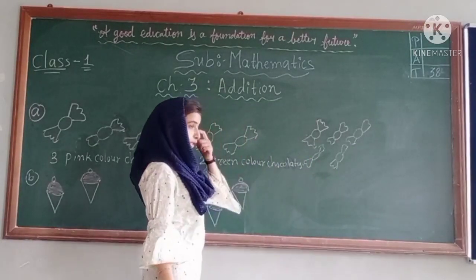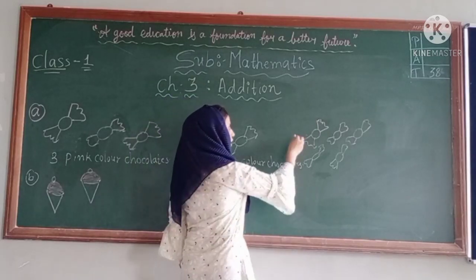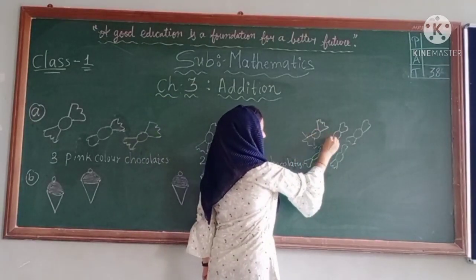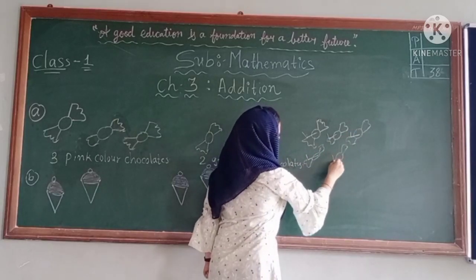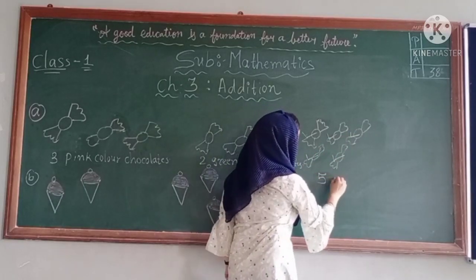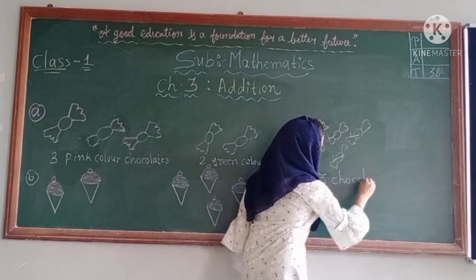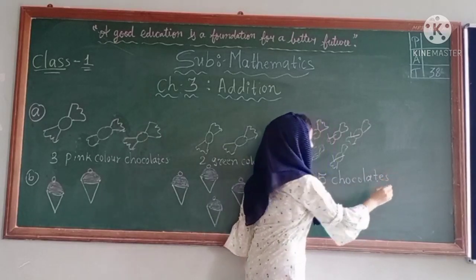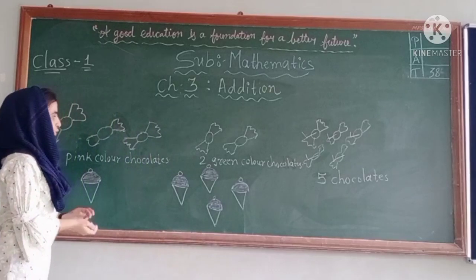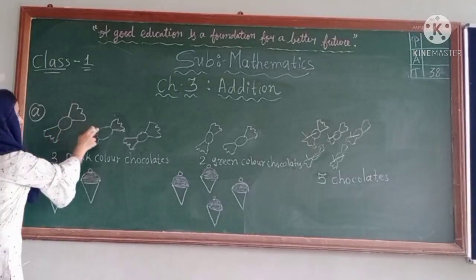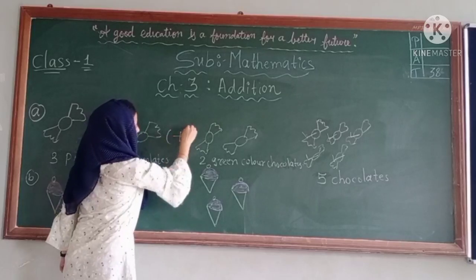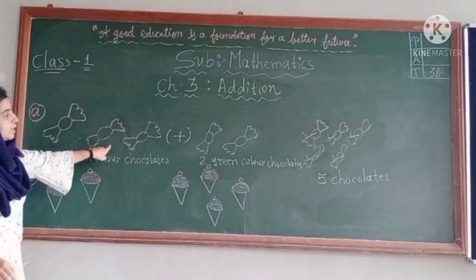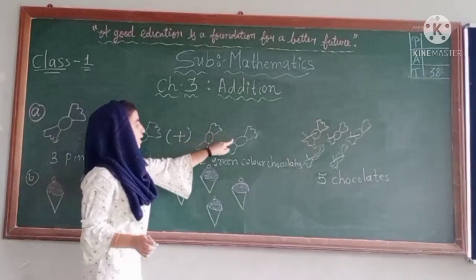We will see the total chocolates. So let's count students together. 1 2 3 4 5. How many chocolates students? 5 chocolates. Understood students? So that means students, in 3 chocolates we are adding these 2 chocolates. We added 2 green color chocolates to 3 pink color chocolates.